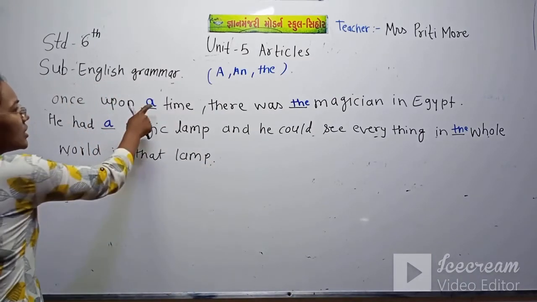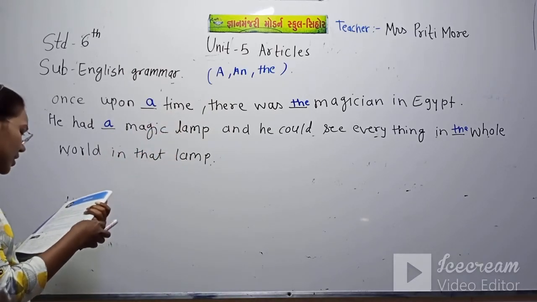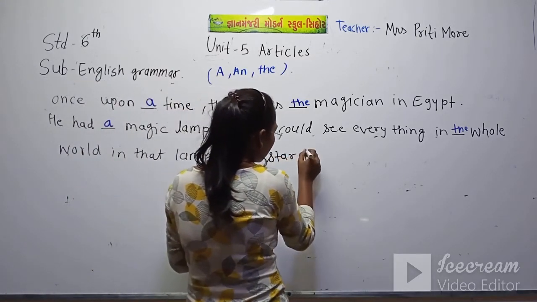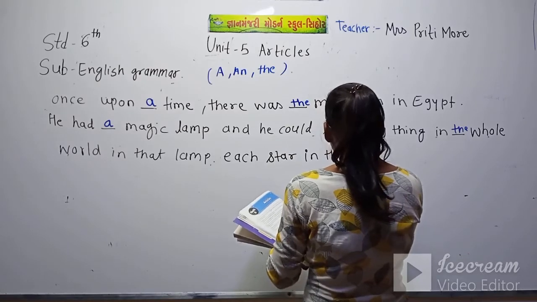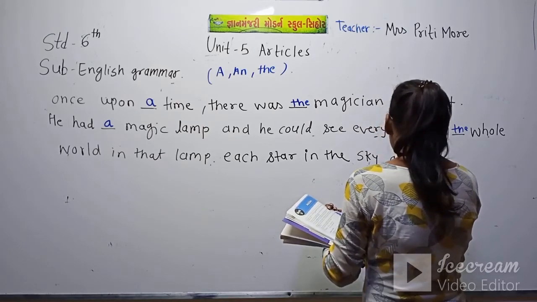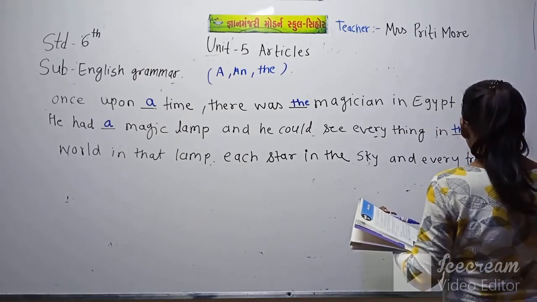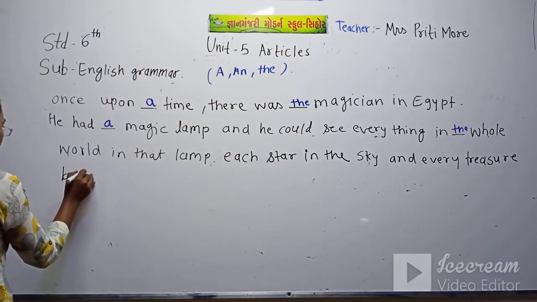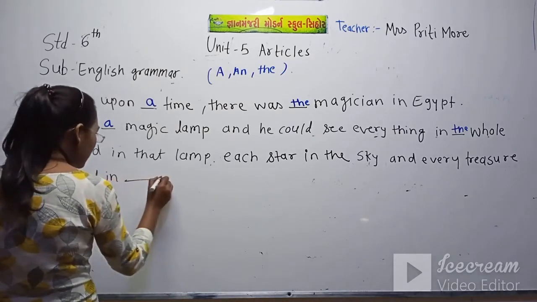So which article we use here? The. Each star in the sky and every creature buried in blank space earth.